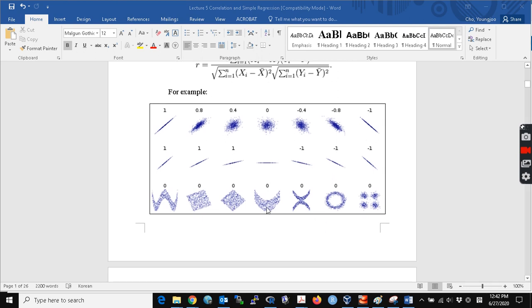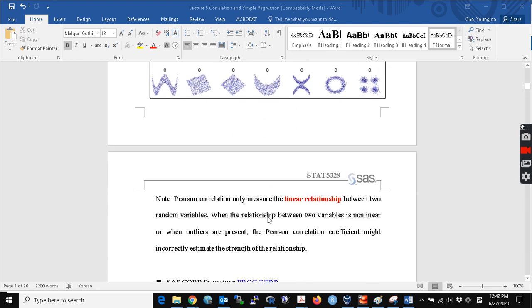And if we do not have a linear relationship, then we have 0 here. Notice that in this case we still have a relationship, but it's non-linear. So this Pearson correlation coefficient does not capture non-linear relationships, it only captures linear relationships.